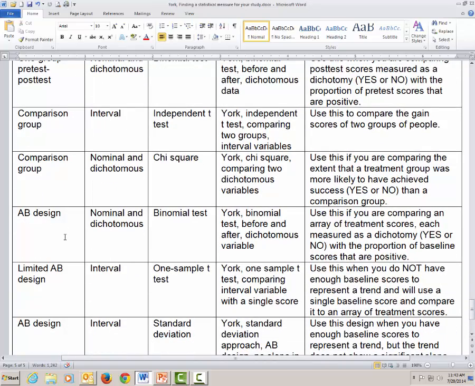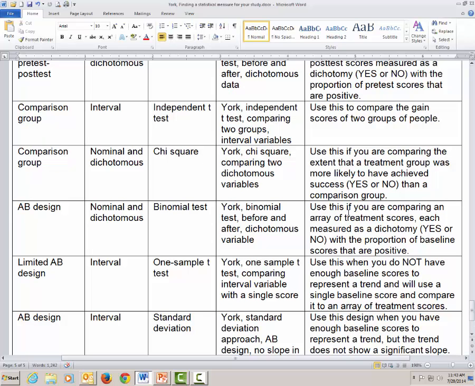As we move on down, the AB design, that is a single subject design, by the way, and you have nominal and dichotomous data. The binomial test would be appropriate, and you can see the explanation over here. Use this if you are comparing an array of treatment scores, each measured as a dichotomy, with a proportion of baseline scores that are positive. So it's the same as the binomial test. It's the same as the before and after when you have a dichotomous variable comparing a treatment group and a service group.